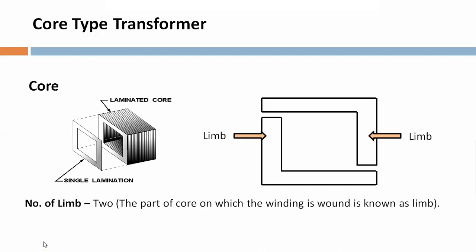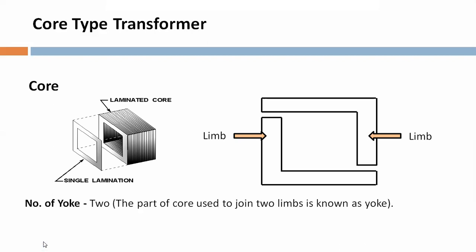We are seeing in this circuit, this portion is called a limb, and the number of limbs is 2 for core-type transformer. Number of yokes is also 2.